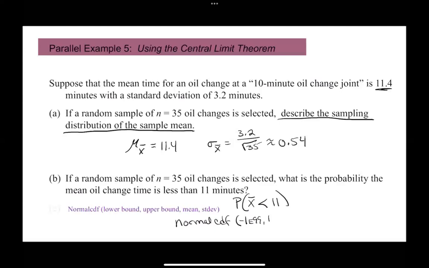My upper bound is 11. I got approximately 0.23.